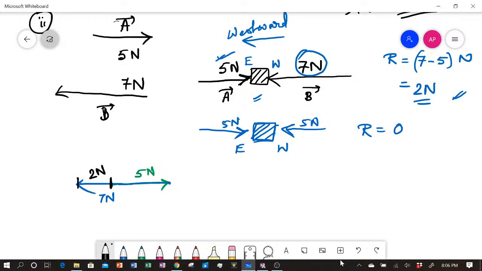So the resultant of these two forces would be 2 Newton. This is the magnitude of the resultant force, and the direction of this force would be along westward. Why? Because the greater force is along westward. So 2 Newton west is our resultant of vector A and vector B in this case.